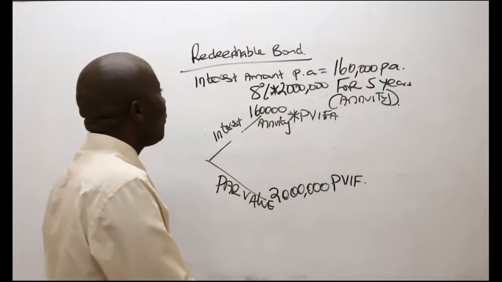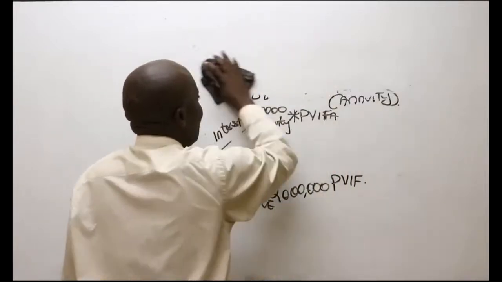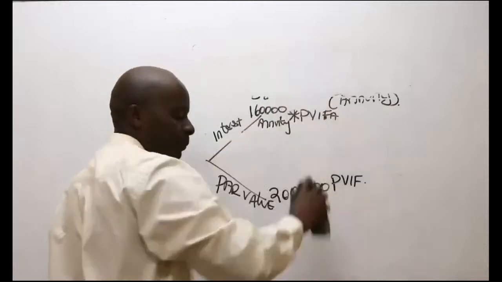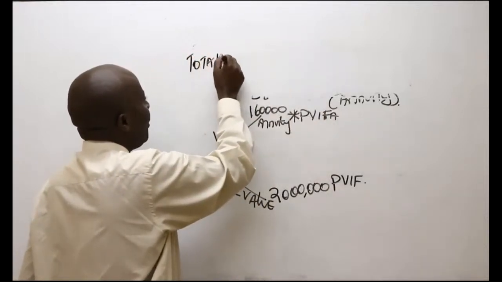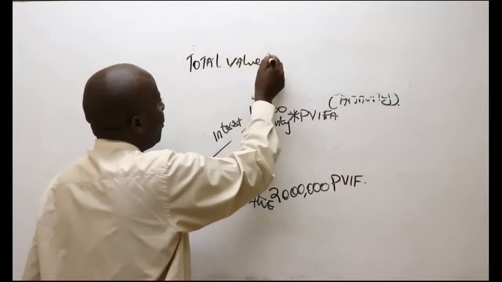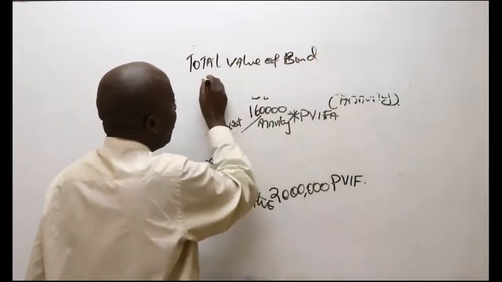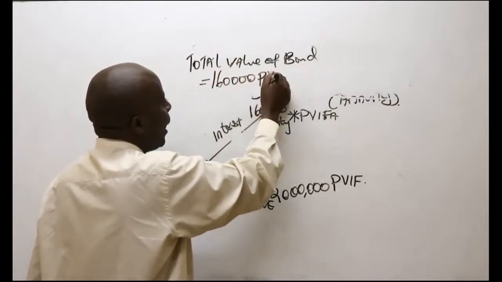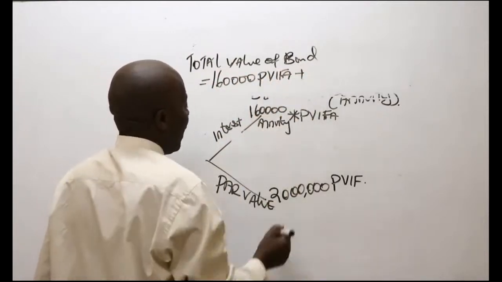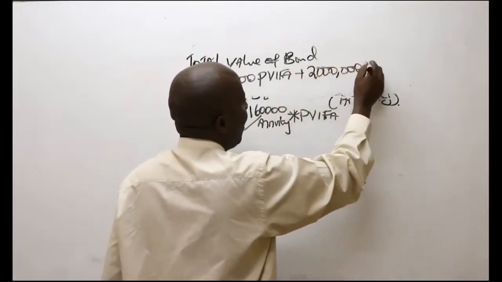The total value of this redeemable bond will be equal to 160,000 multiplied by the PV, plus 2 million multiplied by what here, somebody?